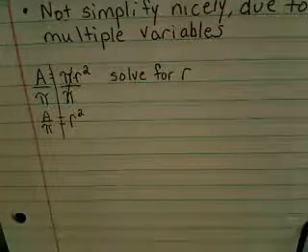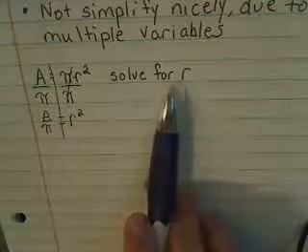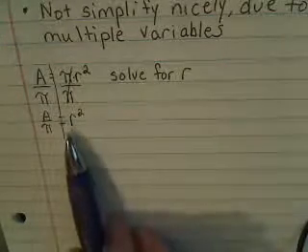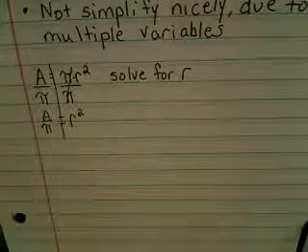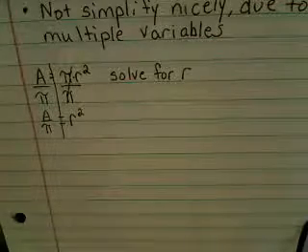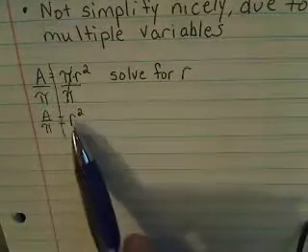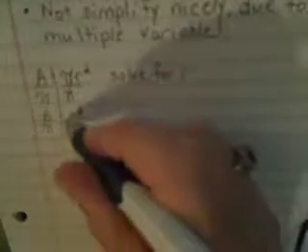Okay, here's the next part. I don't want r squared. I just want to solve for r. So I need to do the inverse of squaring something. I want you to think back to 8th grade math when you did the Pythagorean theorem. What was the inverse of squaring a number? It's to find the square root.